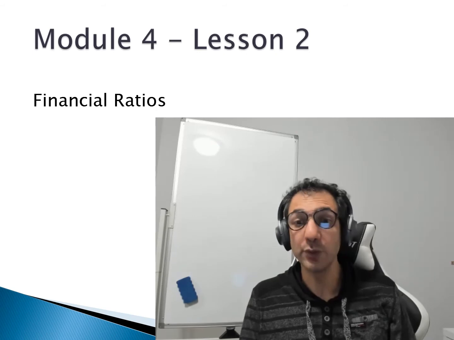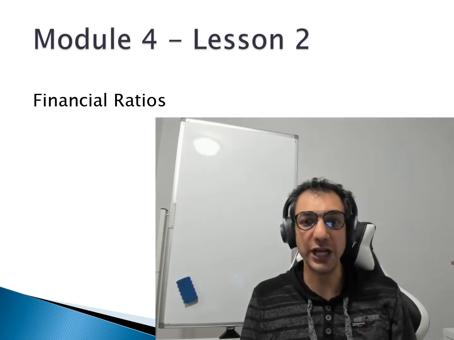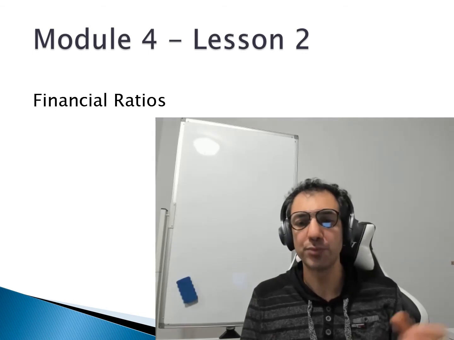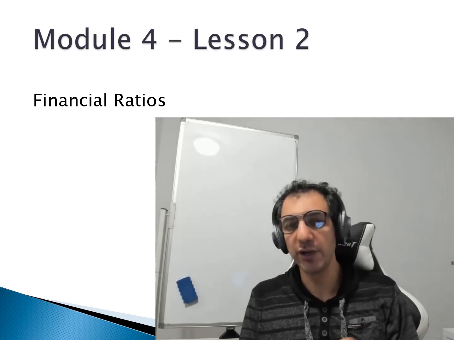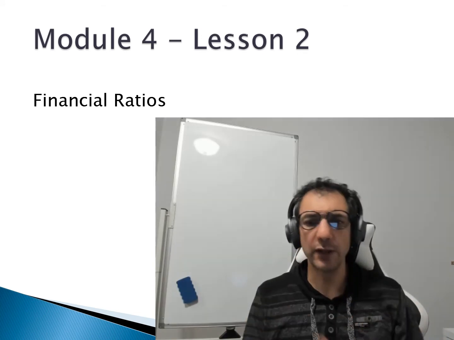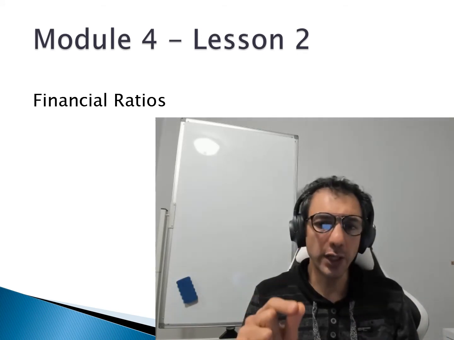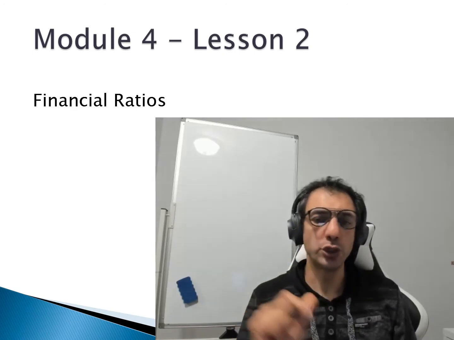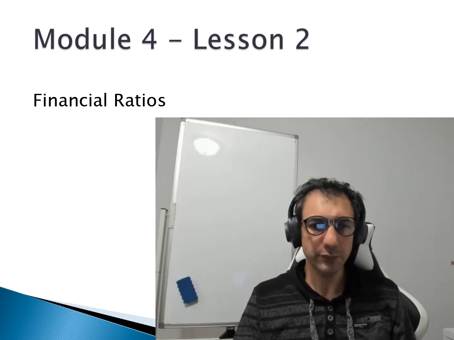There is no best ratio you can rely on. If you are an investor, you might consider using the price earnings ratio or PEG, the price earnings to growth ratio. There are several of them, but given your goal and your analysis, you might choose the appropriate one.